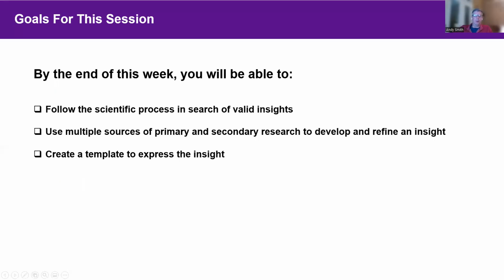At the end of this session, hopefully you have an understanding of the scientific approach to gaining and generating research. As we talked about in the week 4 class, it's really important to use multiple sources, whether primary, secondary, qual, or quant, to find better and really actionable insights, and then develop a template to express the insight.